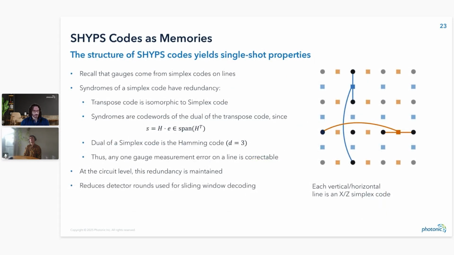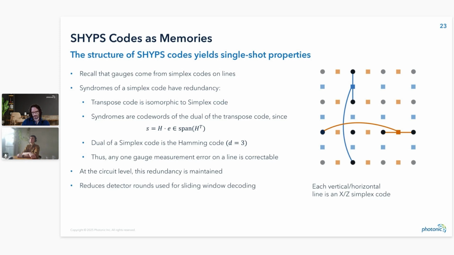So sliding windows work in particular very well with small window sizes when you know that your constituent code has single shot properties. What a single shot property allows you to do is to solve smaller and smaller decoding problems, choosing a smaller and smaller window size on that matrix that I described on the last slide.